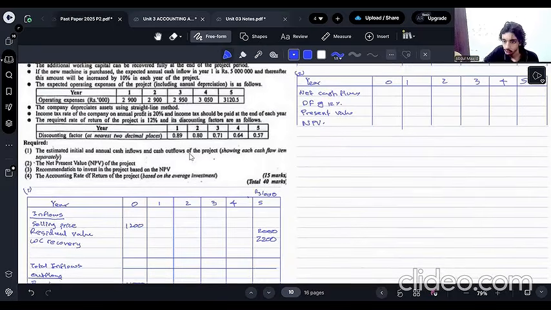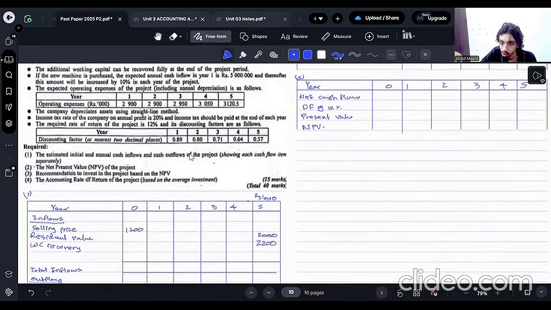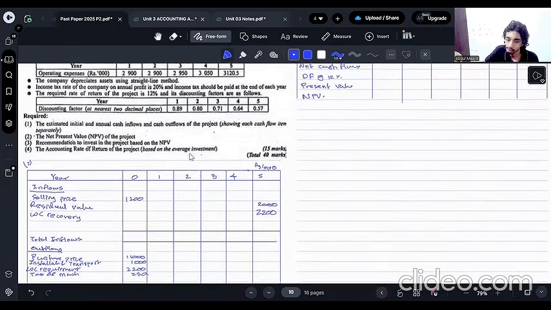So then annual cash inflow, the revenue. Year 1, it will be 5,000. Then year 2, it will be 5,000 multiplied by 1.1. That means if you want to increase by 10%, 1.1, it will be 5,500.